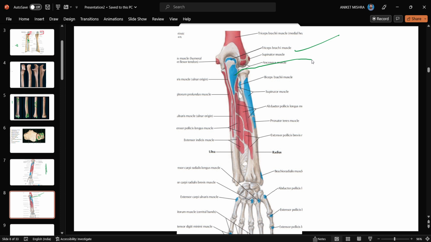Coming below, the lateral part of the posterior surface gives origin to the abductor pollicis longus.